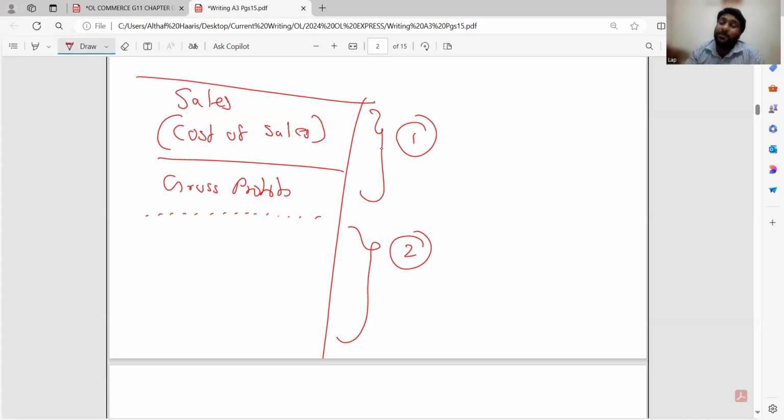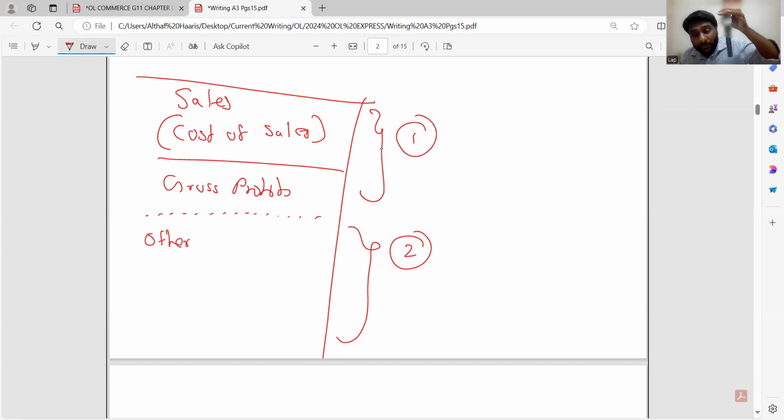Likewise, a lot of other expenses are there. So we have to take those expenses. Not only that, a lot of other income is also there, except for the selling of the watches.